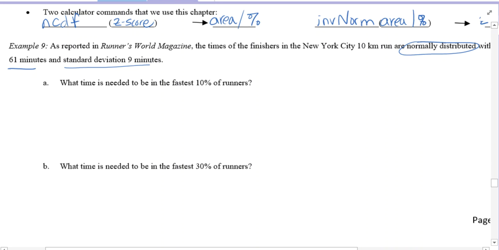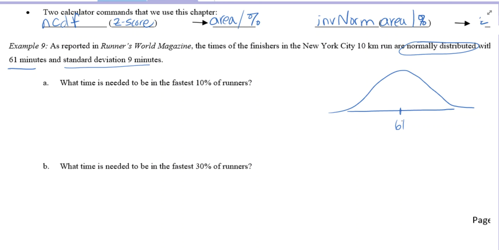Let's start with a curve here so we can picture what we're talking about. We said it's normally distributed, so we've got a normal curve, centered at 61. With race times, where are the fastest runners? Are those times going to be lower than 61, or higher than 61?